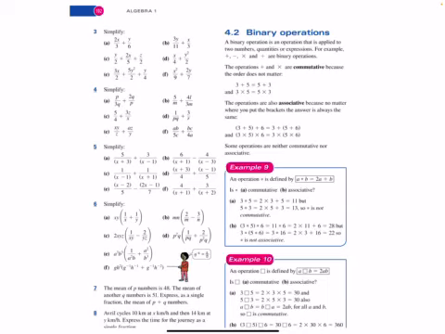So 3, 4, and 5, only the F's. Page 102, 3F, 4F, 5F. All F's.